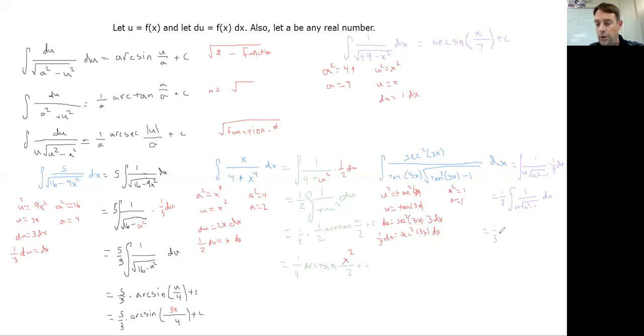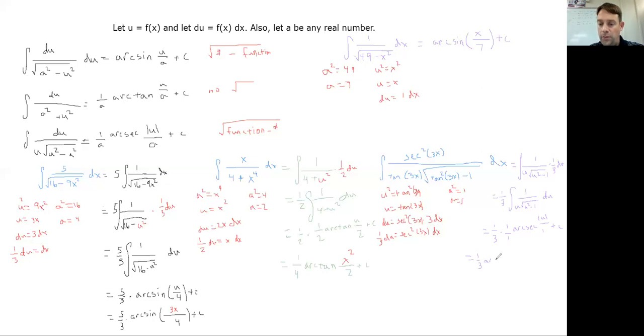So you get 1/3 times 1 over a. So my a value was 1. Arcsecant. Remember, on arcsecant, the numerator, the function part, goes in absolute value over a plus c. So that means I have 1/3 when I put it all together.